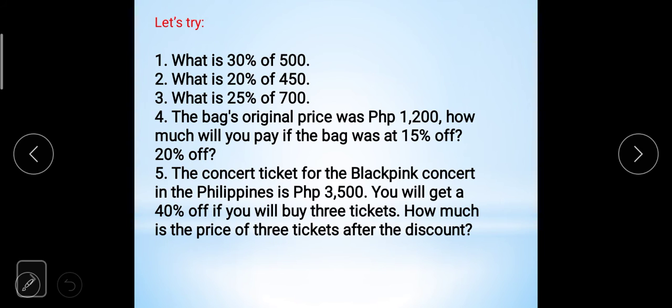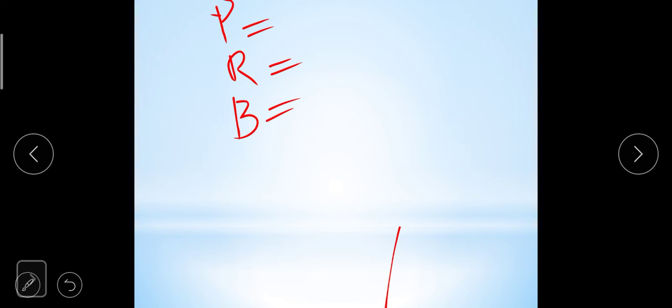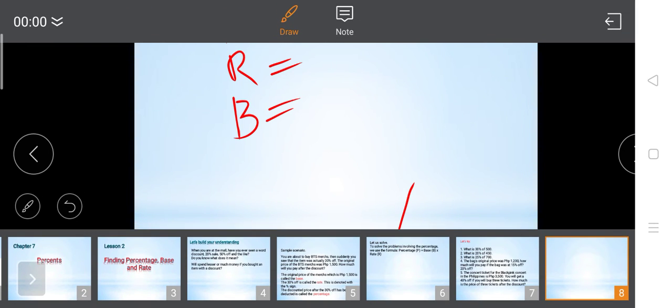25% of 700. 25. The question is, what is the 25% of 700?